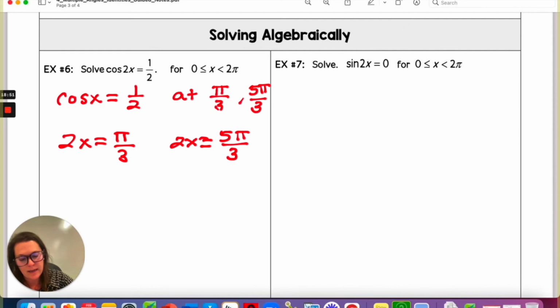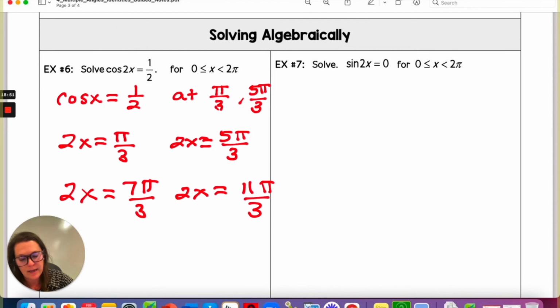And then we know that it's going to do a whole other rotation, so it's going to double it out. So now we're going to be going another rotation, from 0 to 4 pi. So adding another full rotation would get me to 7/3 pi. Adding a full rotation to 5/3 would get me 11/3 pi.